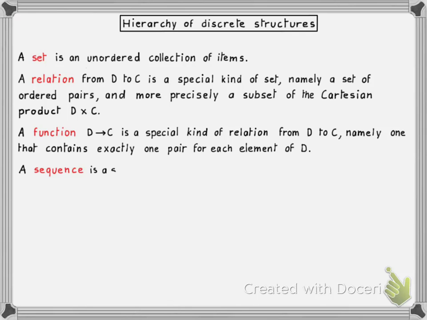Now, later on in the class, we'll talk about sequences, where it turns out a sequence is a special kind of function. It's a function where the domain is the set of natural numbers, 0, 1, 2, 3, and up. So basically, a sequence is a function where the domain is a set of integers. So you've got f of 0, f of 1, f of 2, f of 3, etc. And a sequence is basically the same as an array in computer science.